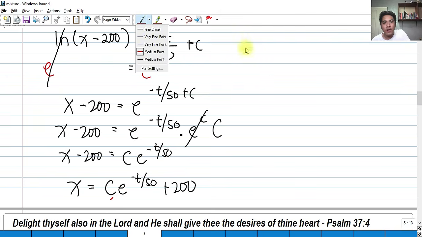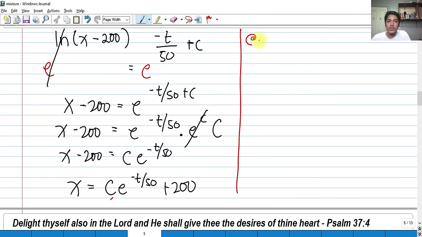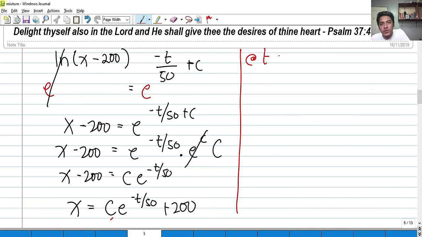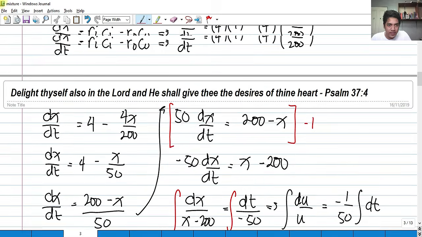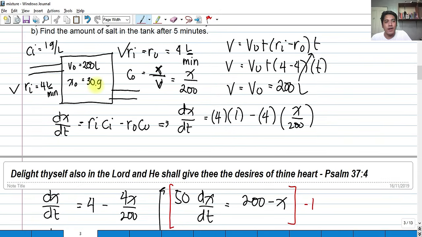So using our initial condition from a while ago, at time t equals 0, the amount of salt inside the tank is 30 grams.